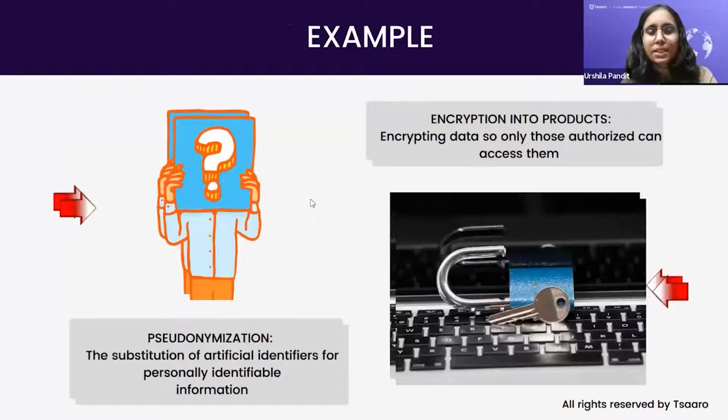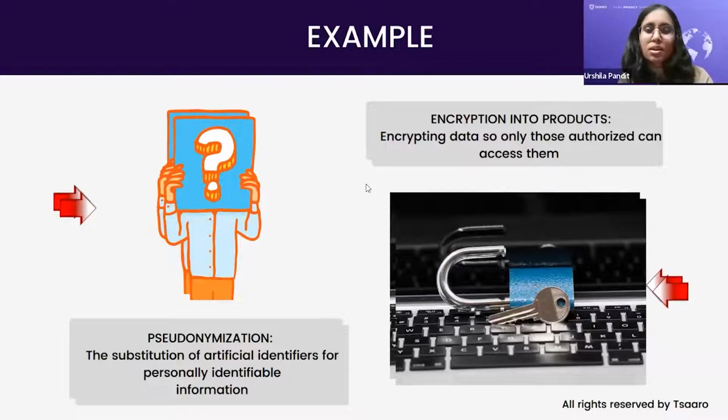So just an example of what privacy by design is. Privacy by design includes things like using encryption. Some people might be a little bit confused that this is an overlap with security. But as most privacy professionals know, privacy and security both go hand in hand.